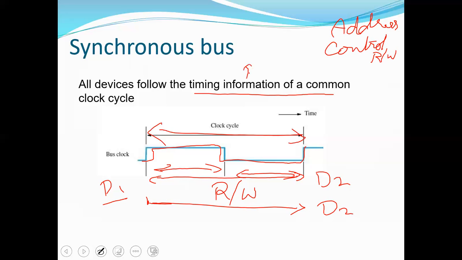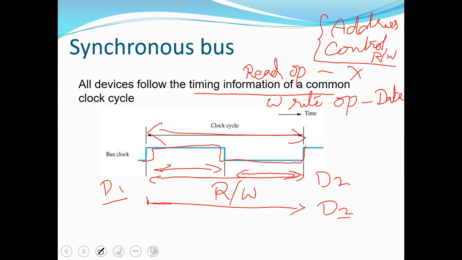And if it is a read operation, the processor wants to read the information from device D2, then data is not passed. There is no passing of data. If it is the write operation, the processor wants to write on the device D2, then data also has to be passed. Correct? So address and control signals or commands have to be passed by the initiator.